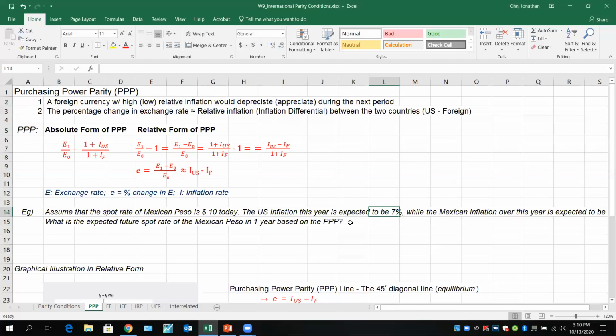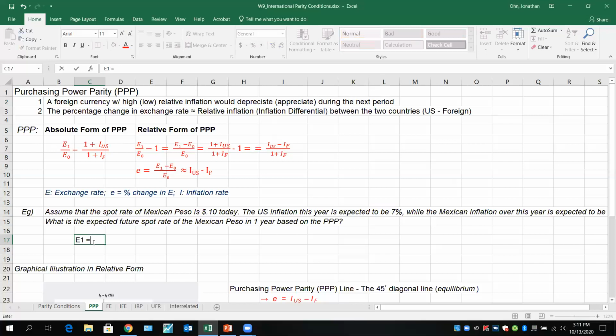All right. The question is about the expected future spot rate, E1, so we have to use the complete form.